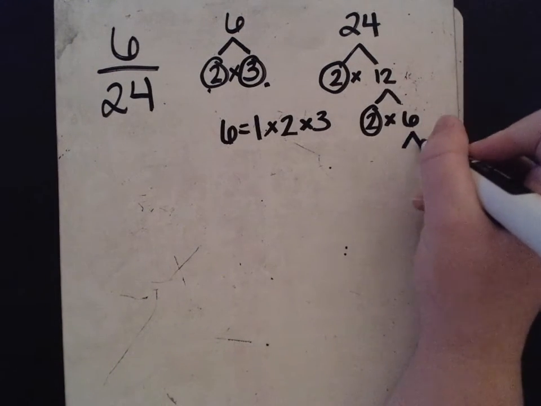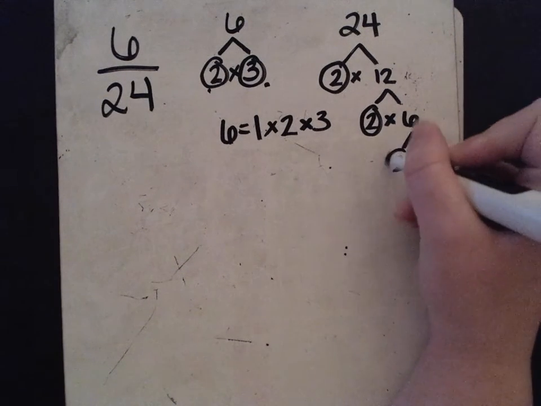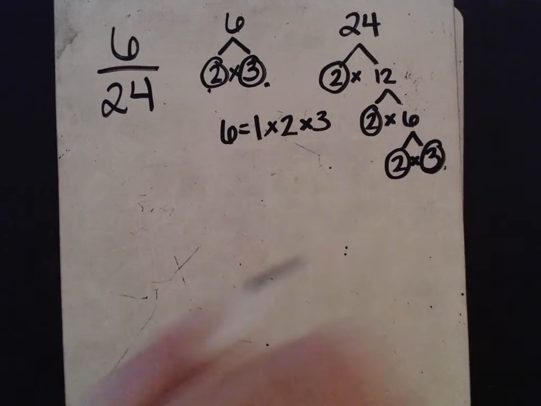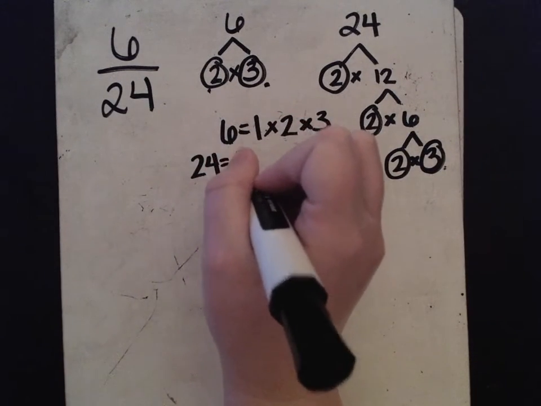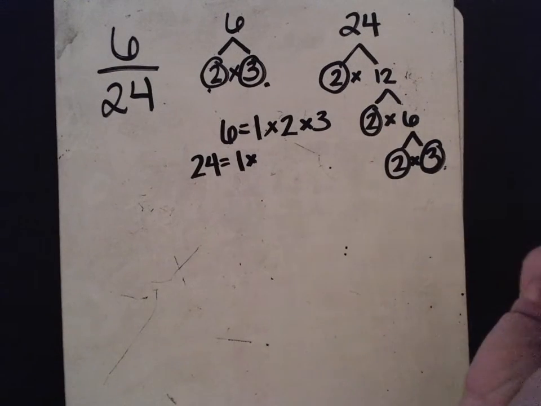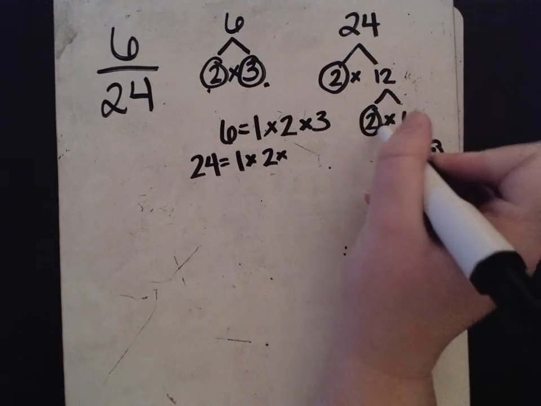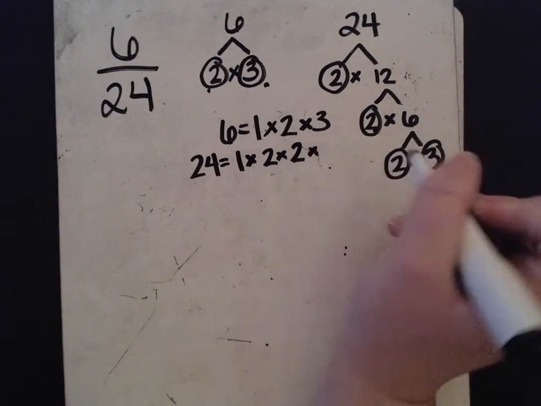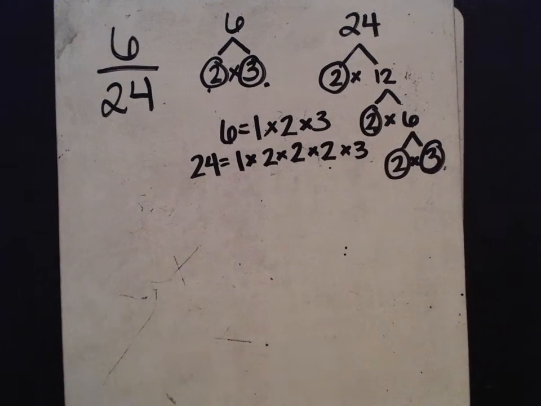Then I break down my 6. 6 equals 2 times 3. I circle my 2 and I circle my 3. So my list for 24 equals 1 times, I'm going to go in order from least to greatest, 2 times 2 times 2 times 3.